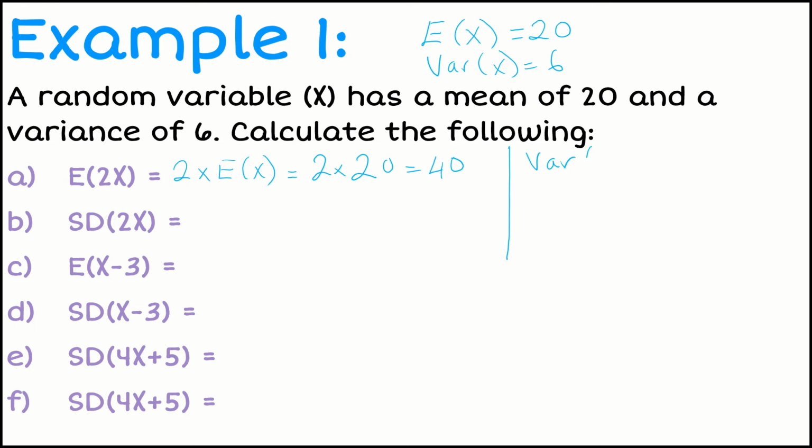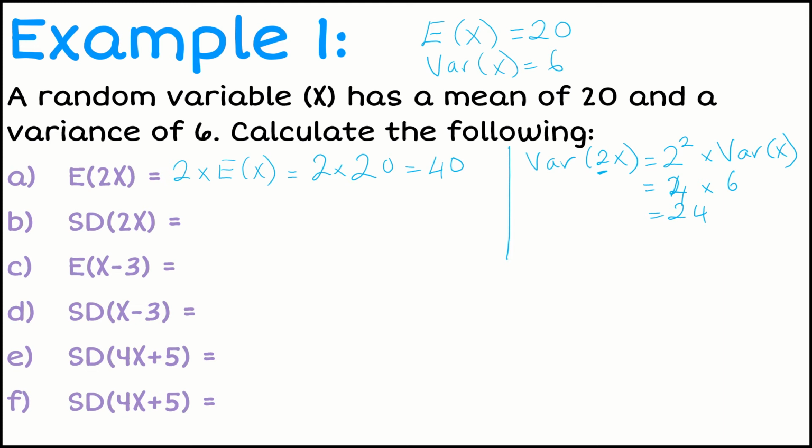If I want the variance of 2x, then the formula says take that coefficient of 2 and square it, and then multiply that by the variance of x. So I'm going to do 2 squared, which is 4, and multiply that by the variance of x, which is 6, and that's going to give me a variance of 24.